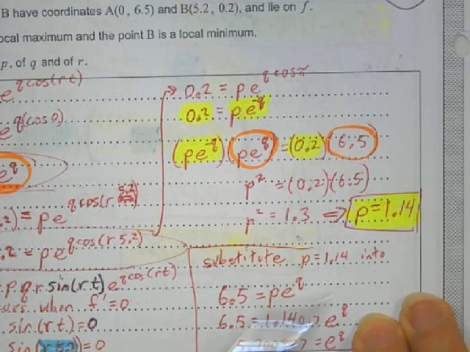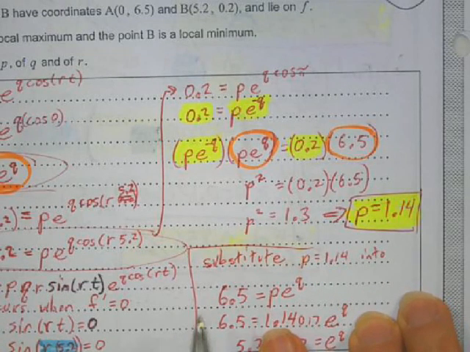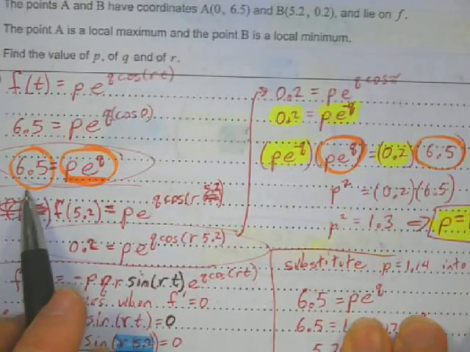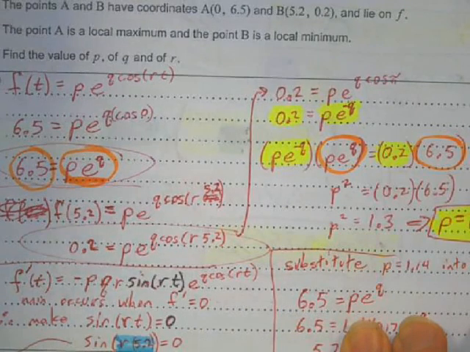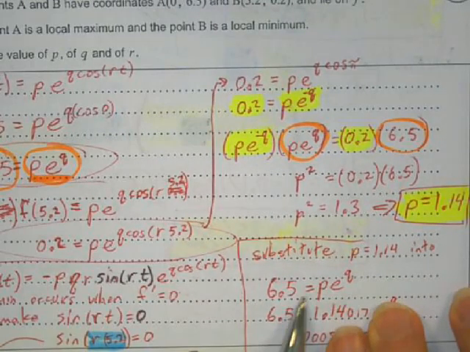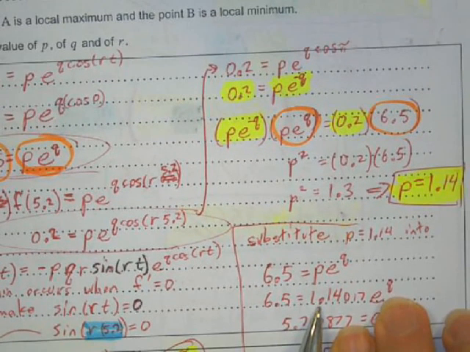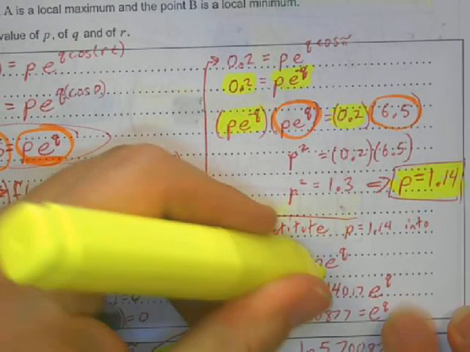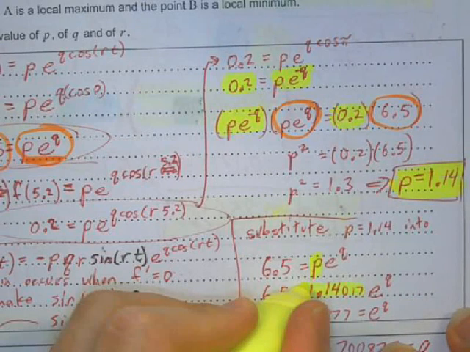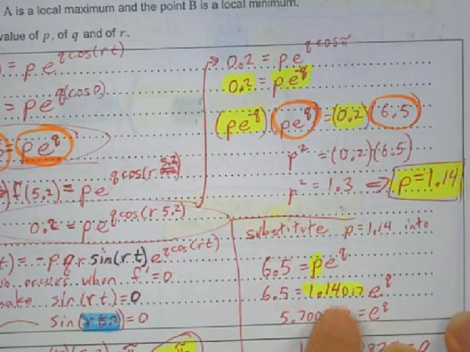Okay, so now I'm going to substitute 1.14 in here, into this first equation right here. So we have 6.5 equals p times e to the q. I'm replacing p with 1.14, and now I can divide both sides by 1.14 and I get this.